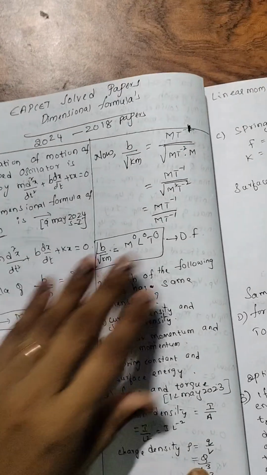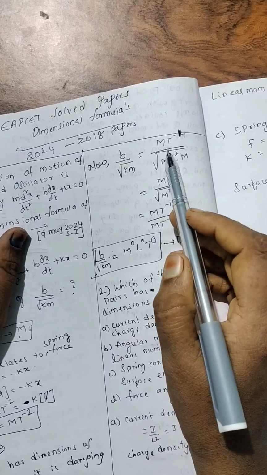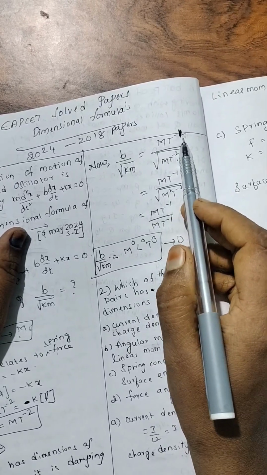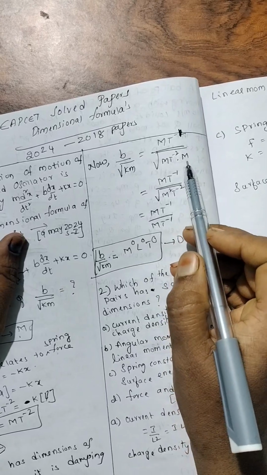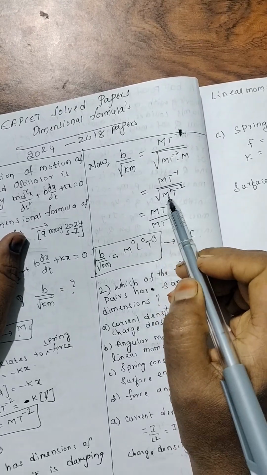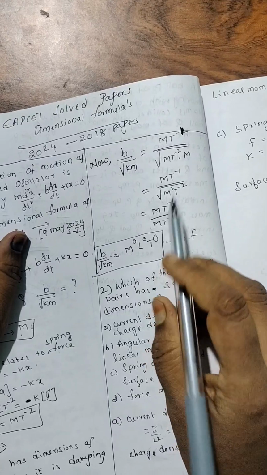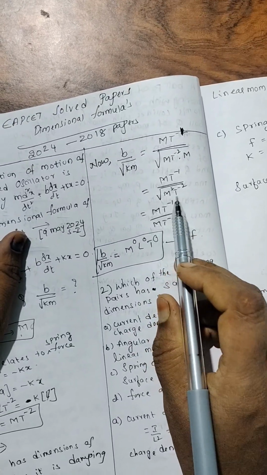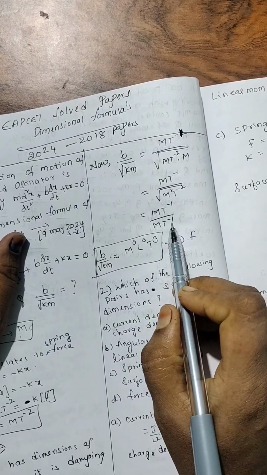Okay. So now b by under root km: b value MT^-1 by under root of k value MT^-2 into m, that is M into M, M² T^-2. Now removing the root, MT^-1 by M square becomes M, T^-2 becomes T^-1.